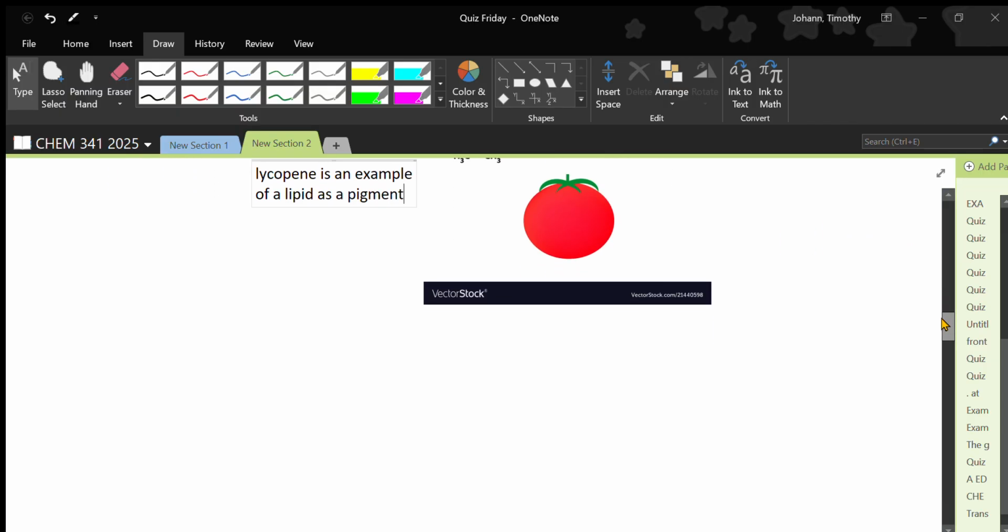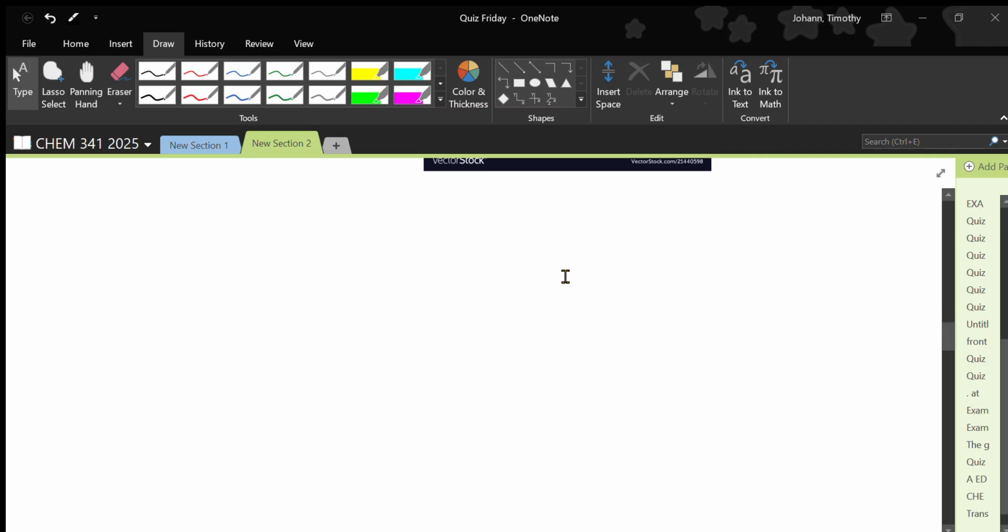Okay, so let's go ahead and talk about triacylglycerols. It's acyl. We're using this acyl term, which means we could have them with double bonds in them, but acyl is a carbon chain. Triacylglycerols are going to be made up of a glycerol and 3 fatty acids.